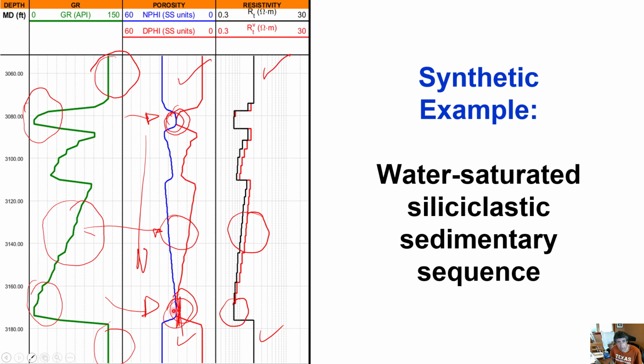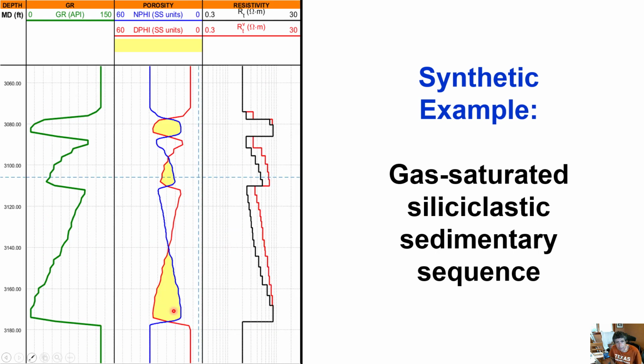So let's keep that example. Now let's go to the same example, but now let me populate that entire sandstone sequence with gas. What we see here is, of course, the gamma ray log doesn't change because it is insensitive to the presence of the fluids.